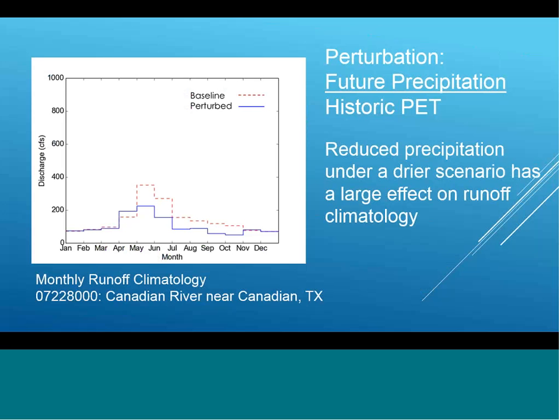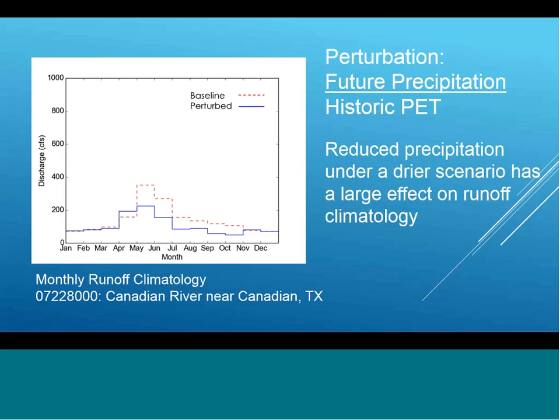So now for the perturbation, what did we do? Well, we altered two different components of future climate, and I'll tell a little bit about how we did that. Basically, we changed the precipitation and perturbed the historic rainfall based on the ratio of what a climate model would say for the latter 30 years of the 21st century compared to the latter 30 years of the 20th century.